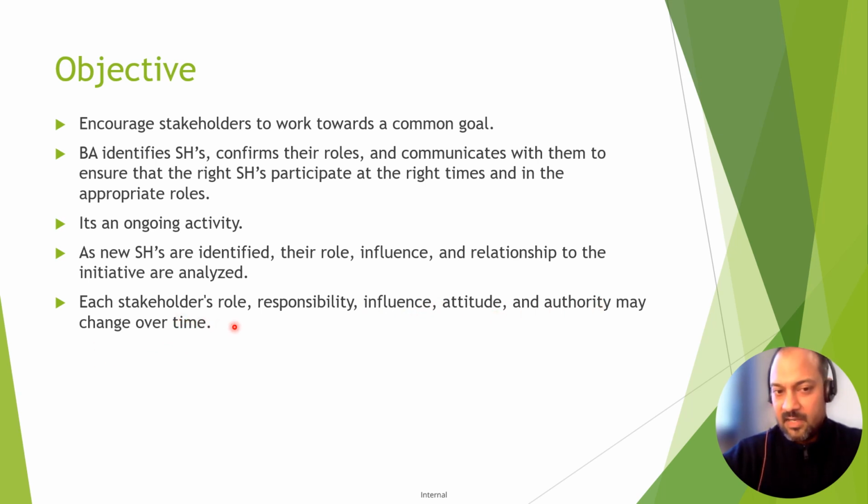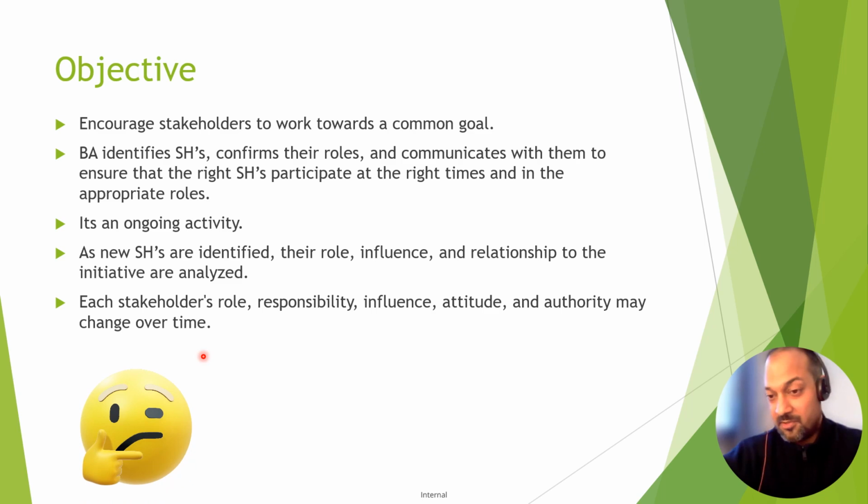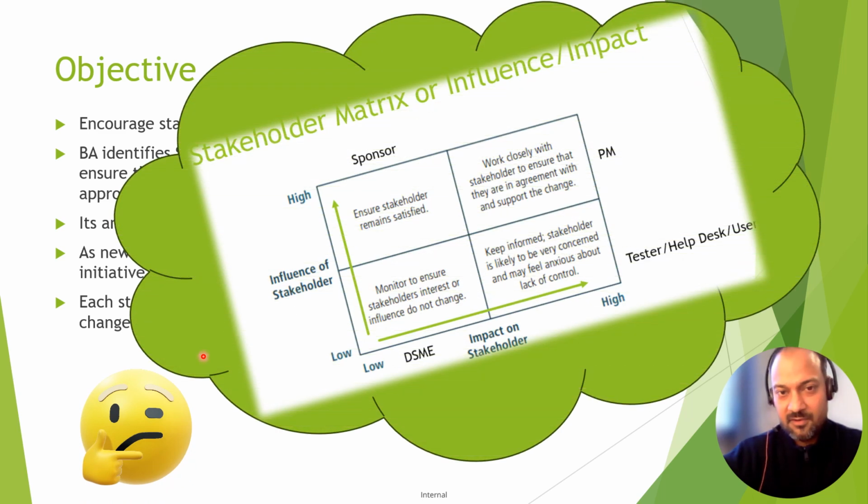I know you might be wondering that somewhere else you have learned about this topic. So don't ponder much. Here is the upshot for you. Now you might recall this stakeholder matrix, or influence impact matrix, which we have discussed in the second activity of business analysis planning and monitoring.